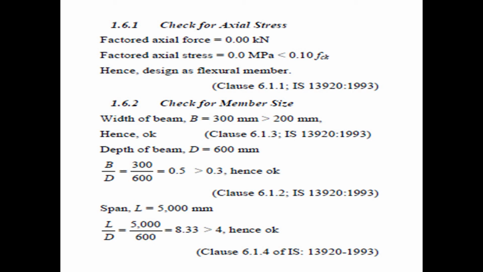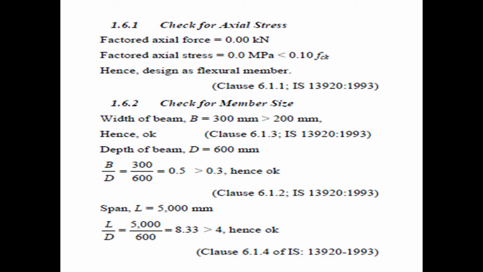So this clause we have to refer to as per IS 13920 as a part of the axial check, and hence design the beam as a flexural member. Okay, then the second one is as per clause number 6.1.2, check for the member size.